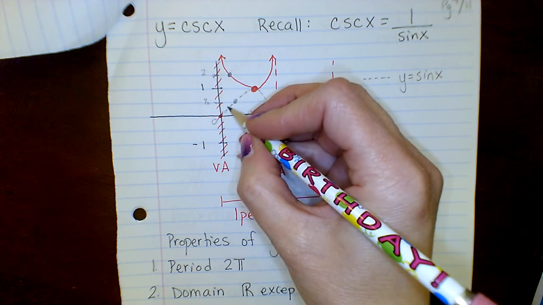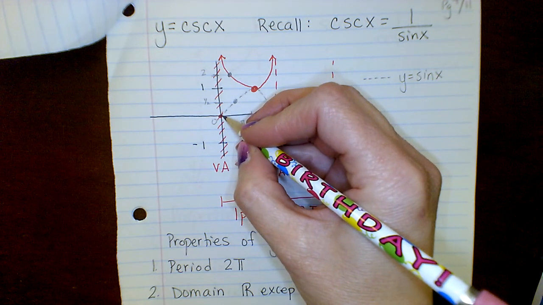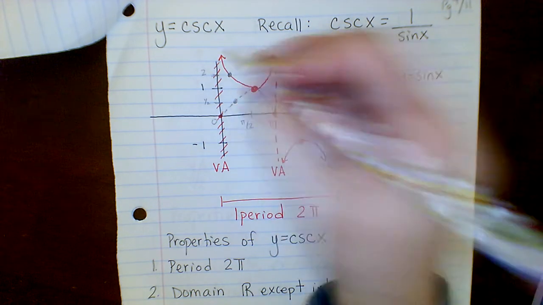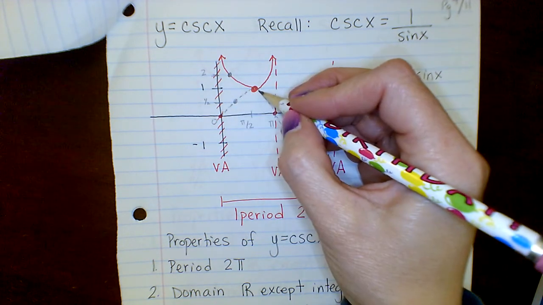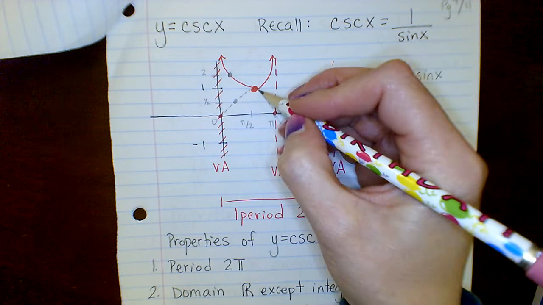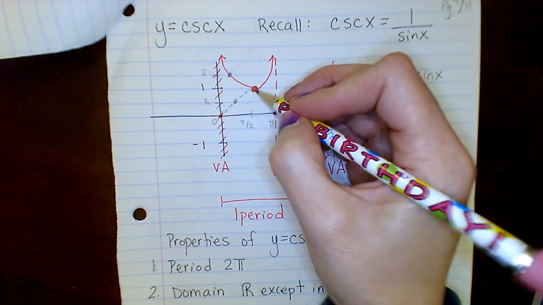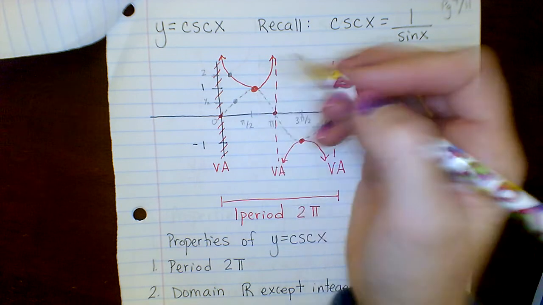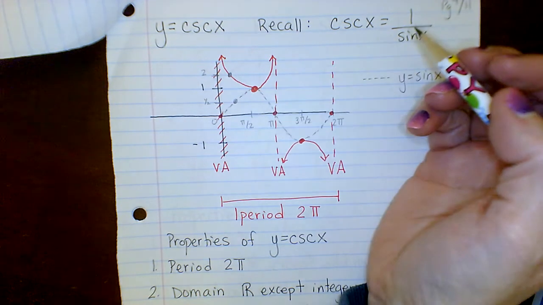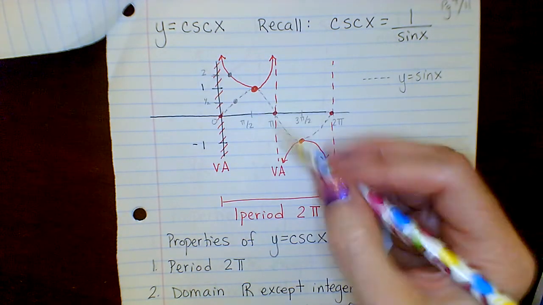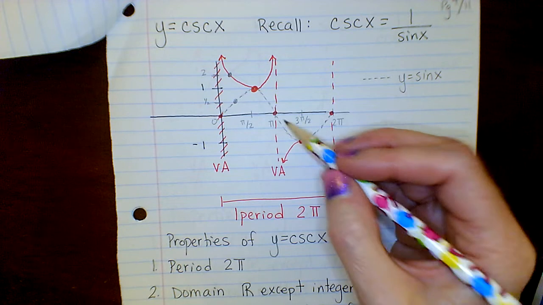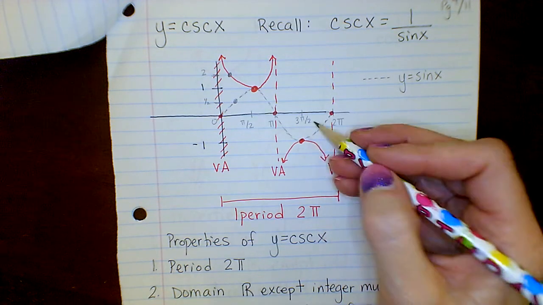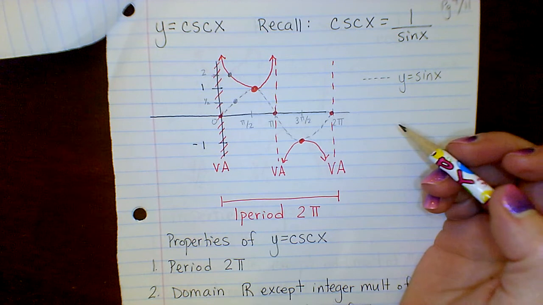All these y values are getting super small, but when you take their reciprocal, they're getting super big. Same thing over here. Right here, you'll notice there's a shared point between the two graphs, because here we get 1, and the reciprocal of 1 is 1. Same thing down here: you get the reciprocal of this little dotted line hump. You just flip it over, there you go.